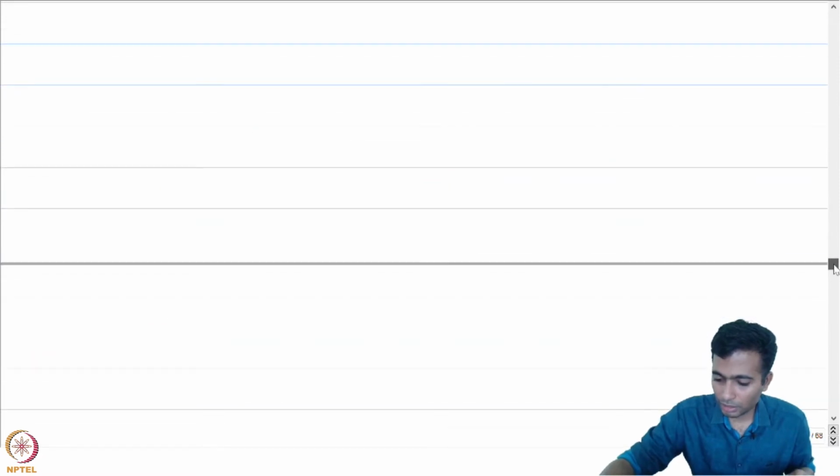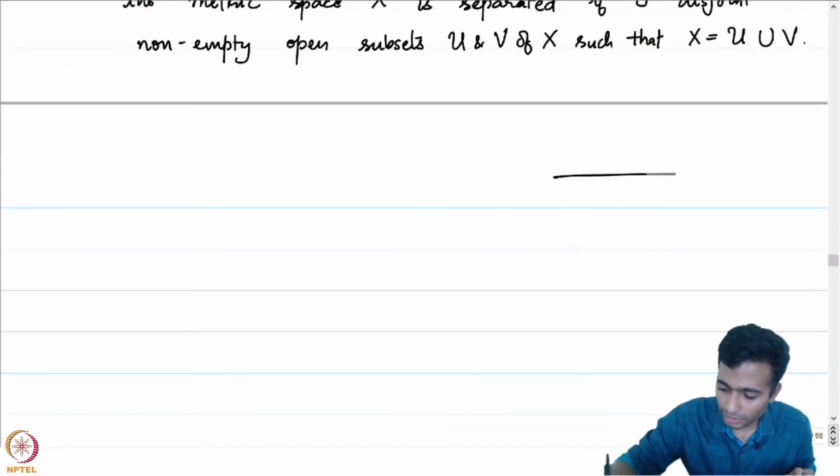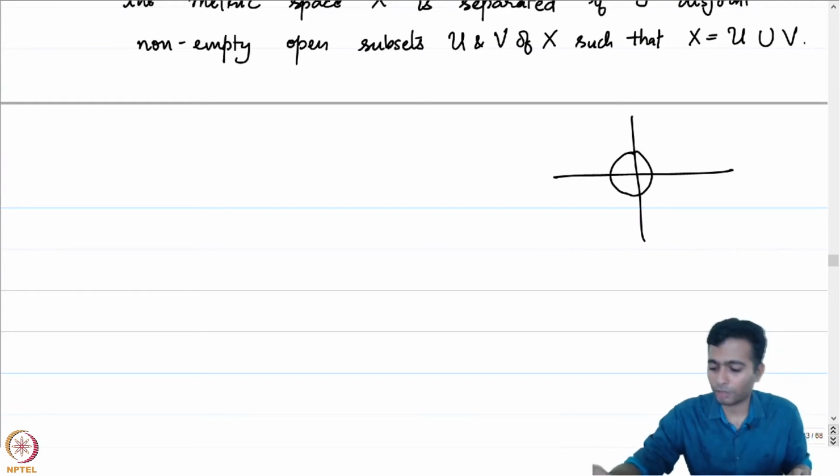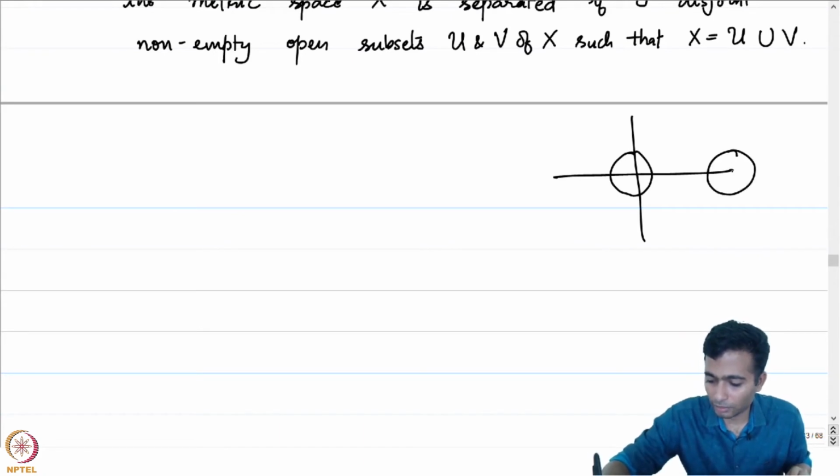So, for example, if you look at the complex plane, let's consider a ball of radius 1 around 0 and a ball of radius 1 around, say, the point 4.